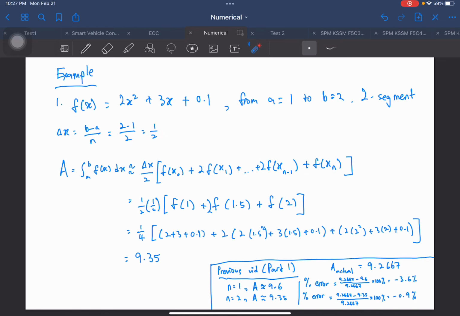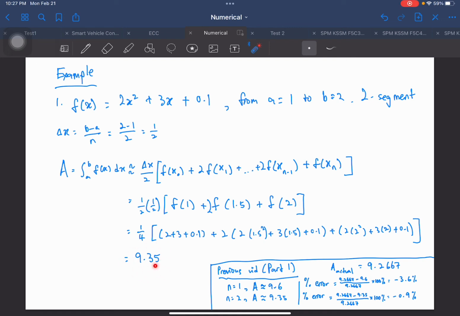So you get the important points 1, 1.5 and 2. Now you just plug into the formula. When x is 1, you plug it here, here and here. This is 1.5, you plug it here, here and here. This is 2, just plug it in and press the calculator.